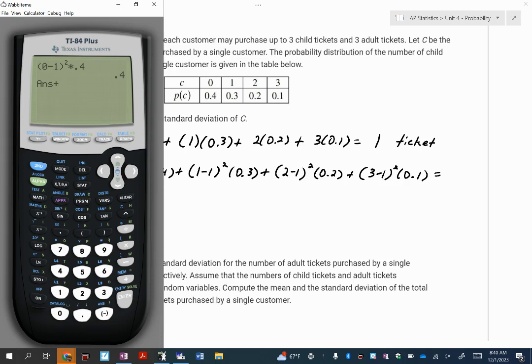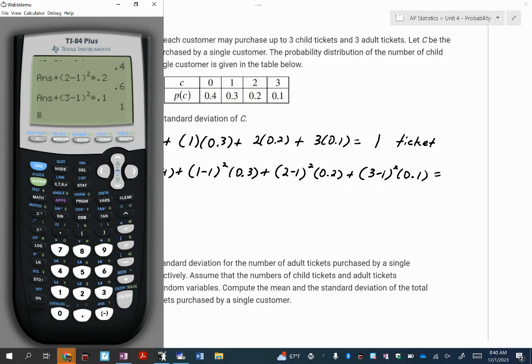If you're worried that you might skip it when you shouldn't, just always type them all in. Never wrong to type them all in. 2 minus 1 squared times 0.2 plus 3 minus 1 squared times 0.1.